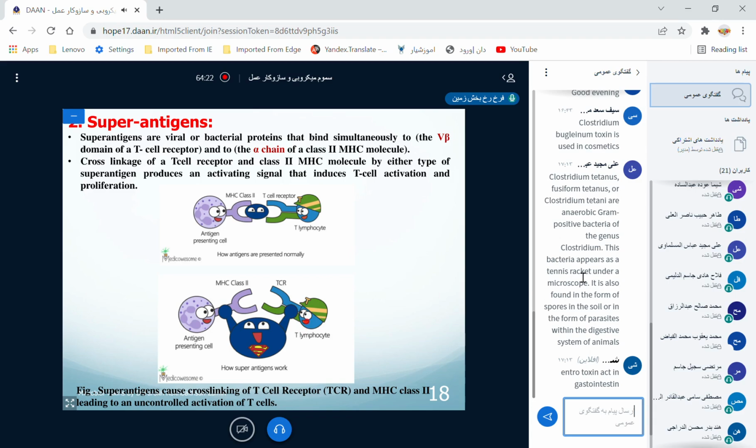So these T cells are activated and working uncontrolled. Whatever is working uncontrolled is not good. Some toxins activate T lymphocytes and they work highly and continuously.